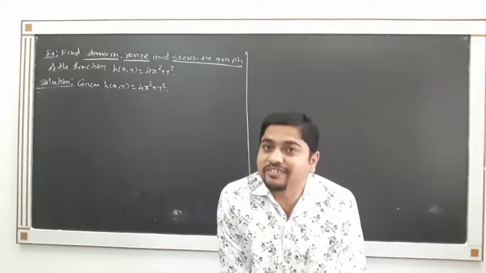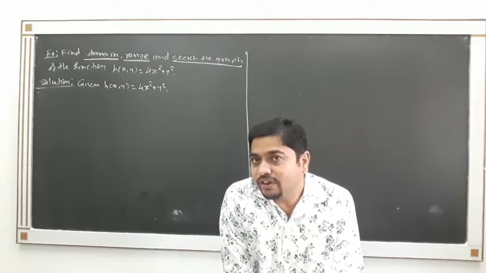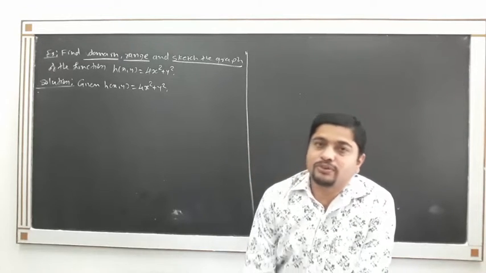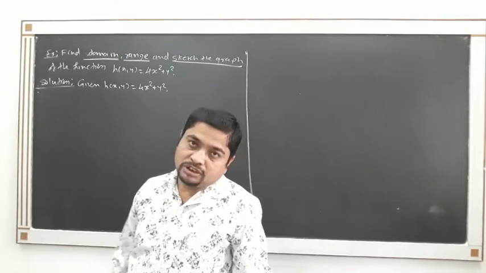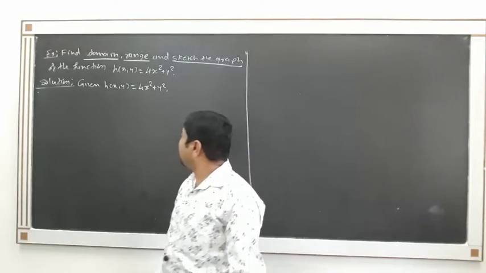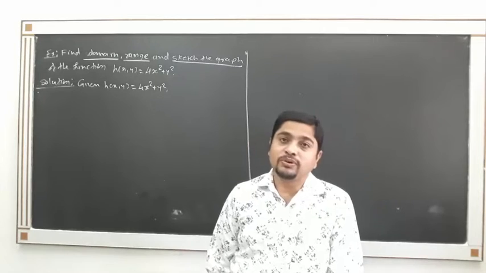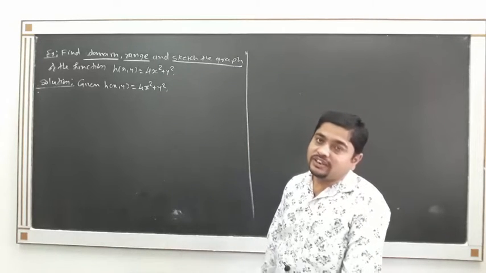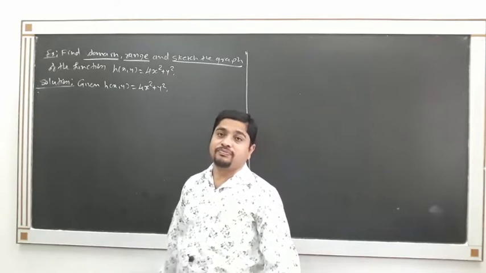Here there is no square root, so no problem. There is no denominator that can be 0. There is no logarithmic function or other function; it is simply an algebraic function.